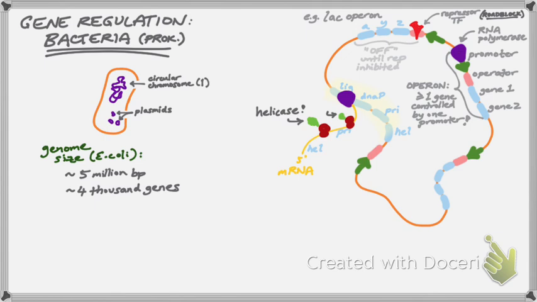Bacteria aren't using lactose and don't need the digestive enzymes for breaking down milk sugar. So this particular set of genes for lactose digesting proteins is typically off. The repressor is bound in front of the promoter at that operator sequence, and all these genes are off.